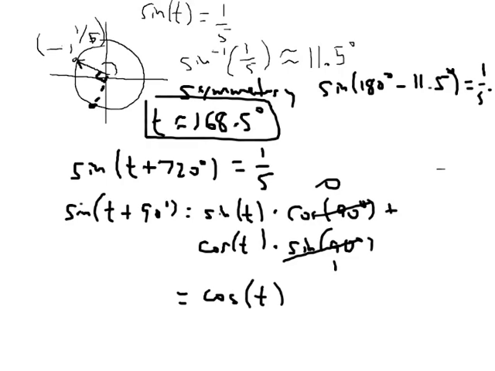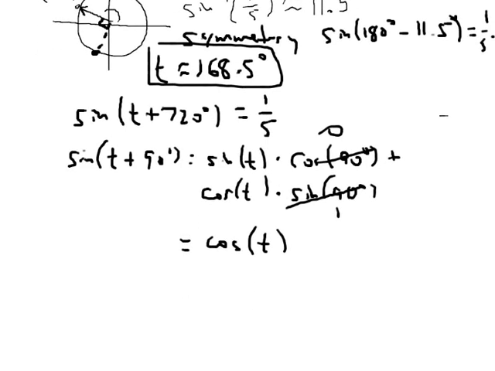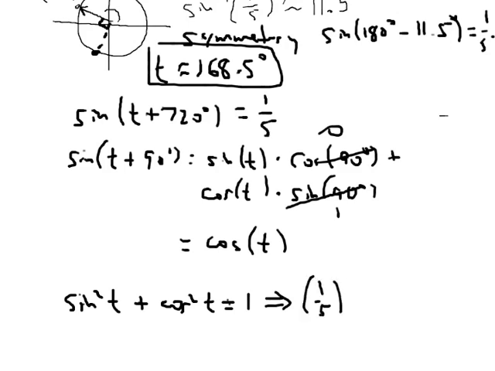So the sine of t plus 90 degrees is the cosine of t. So it turns out I do need to know what this x-coordinate is up here. And I can find this by using the fact that sine squared plus cosine squared equals 1. That's an easy way to do it without having to draw a picture. I know that sine squared of t plus cosine squared of t equals 1. And from that, remember the sine of t is 1/5, so that's 1/5 squared plus cosine squared of t equals 1.